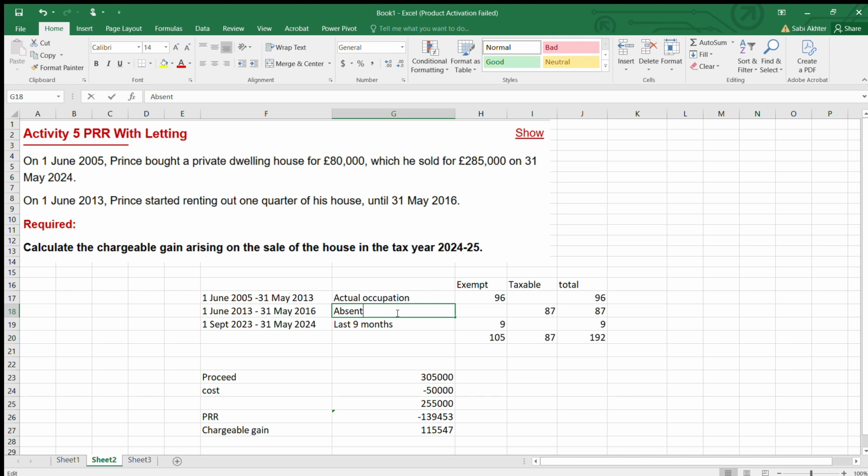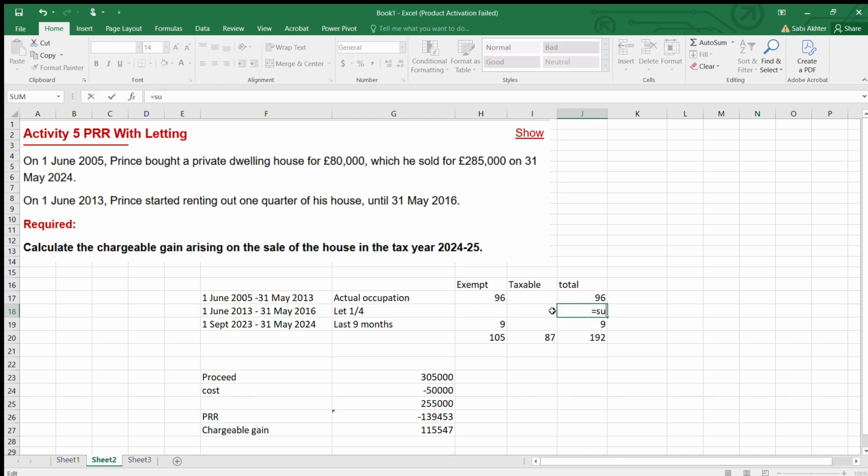So this is let 1/4, which will be taxable. So when you are taking it, it is 3 years from 2013 to 16. 3 years means 36 months into 1 divided by 4. This is taxable. So the 9 months are taxable.